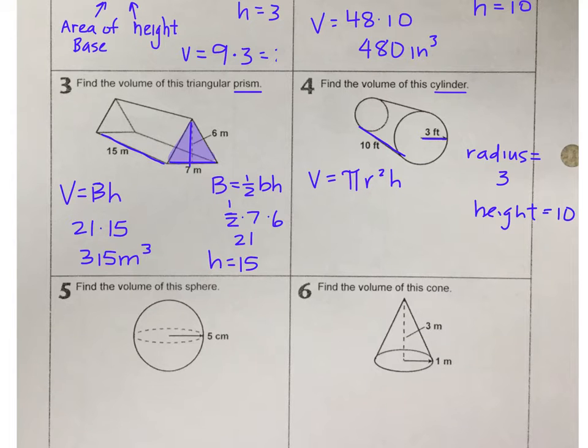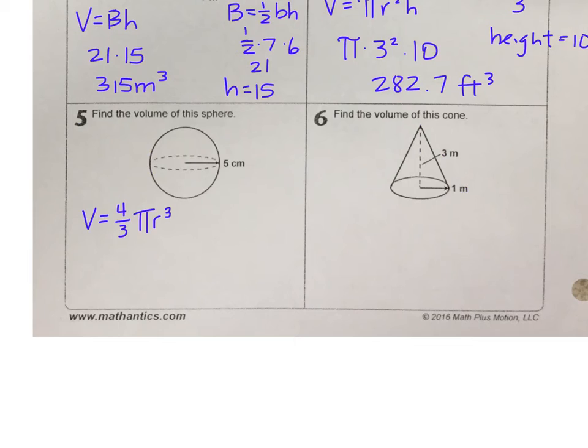So I just type in my calculator, pi, that's right above the division mark. You hit the blue button and then the caret. Pi times radius, 3 squared, times the height, 10. When you work that out, you get 282.7 feet cubed.